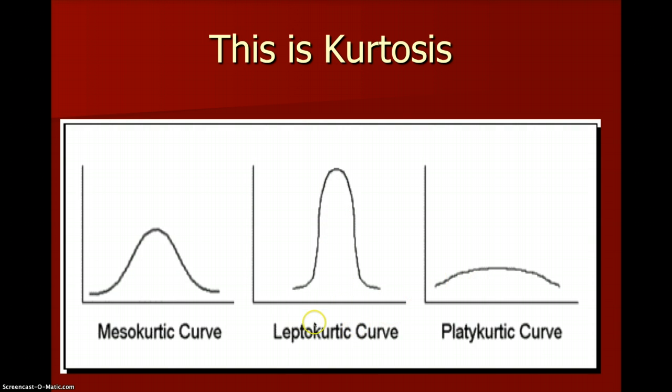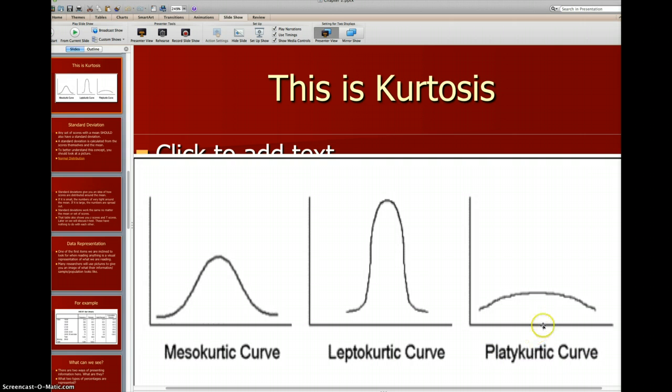That's called leptokurtic. If on the other hand we had 2 people making $45,000, 2 people making $55,000, 2 people making $65,000, 2 people $75,000, etc., we have the same number of people in each part of the distribution, we get what's called a platykurtic curve.